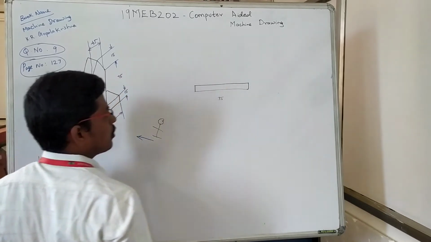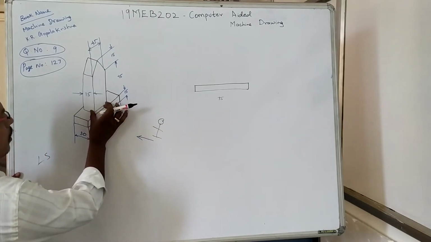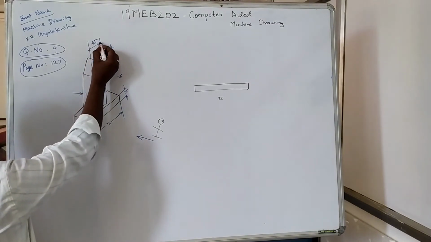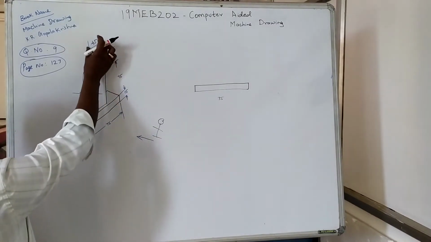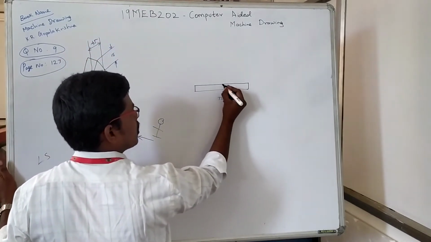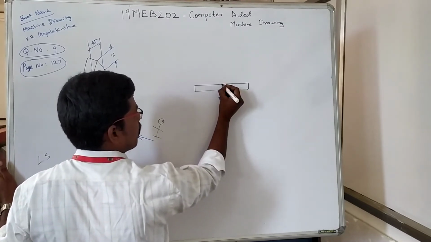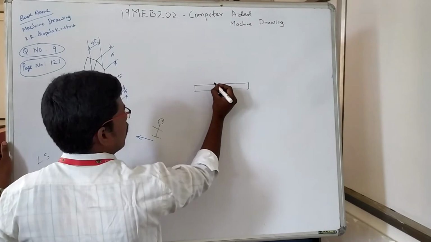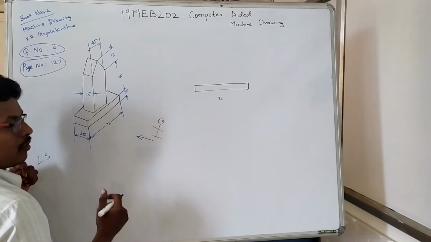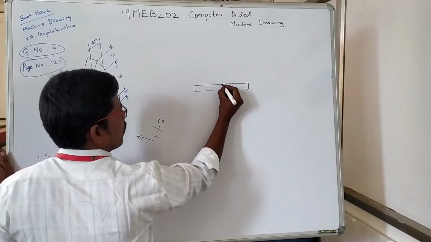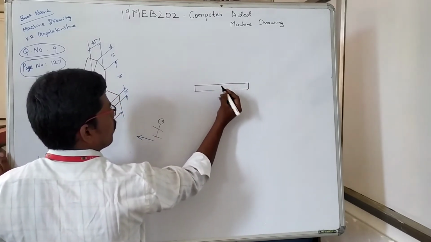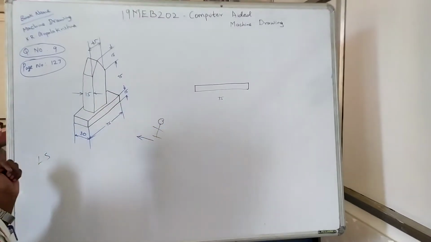Again, I am marking 32.5 here, and the length of this part is mentioned here, that is 45 millimeter. Hence, from the 32.5 millimeter point, I take this 45 into two equal sides. Hence, I am marking 22.5 and 22.5, so it will be 45 millimeter.